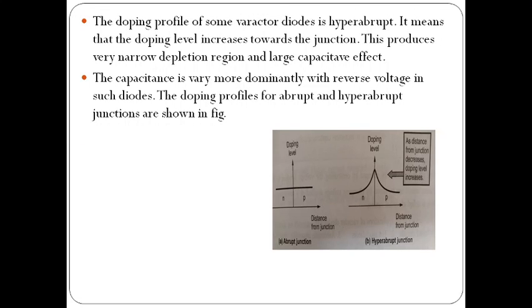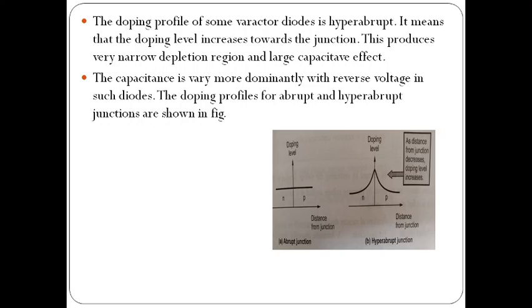The doping profile of these varactor diodes is hyper-abrupt. The doping profile of a normal PN junction diode is abrupt only. In hyper-abrupt, it means the doping level increases towards the junction.